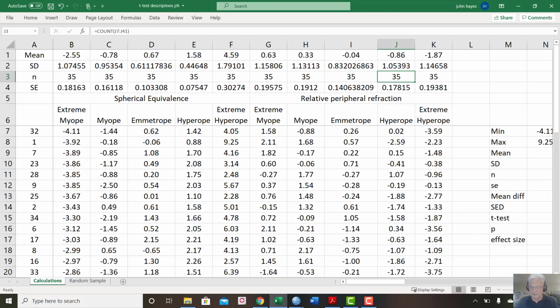Count does, because it's 35, and then we take the standard deviation, which is blue, divided by the square root of the red, this, and we get standard error. So that did that. Copied all those formulas across there. Easy peasy.